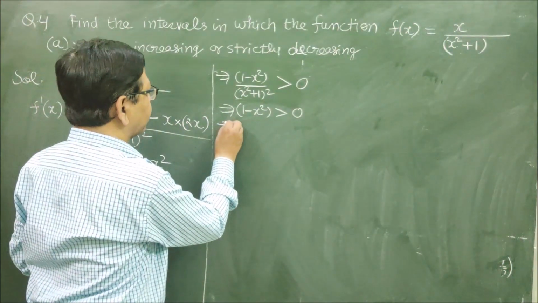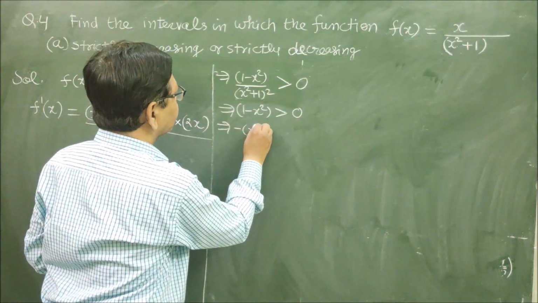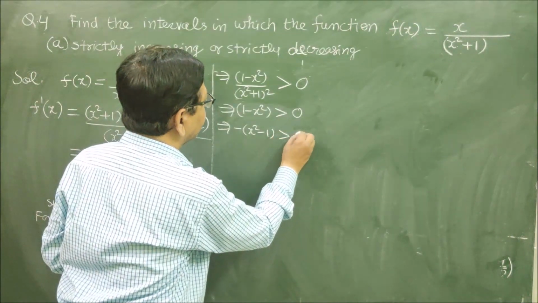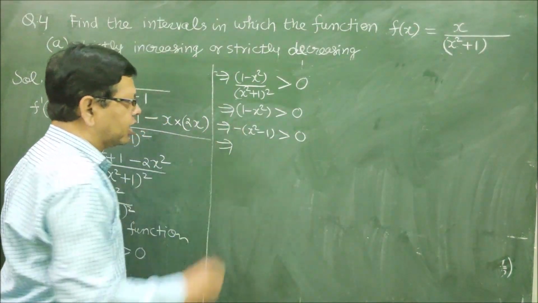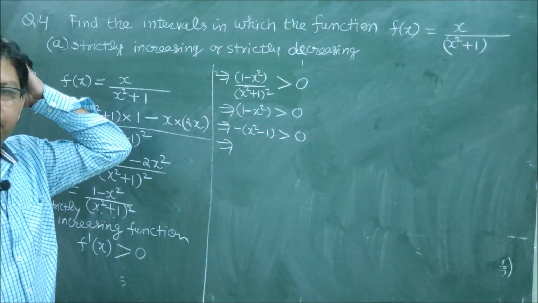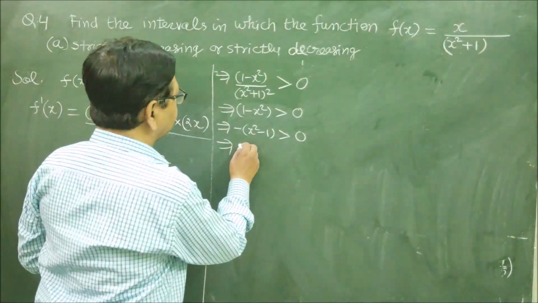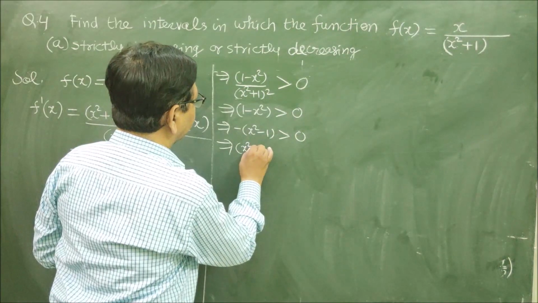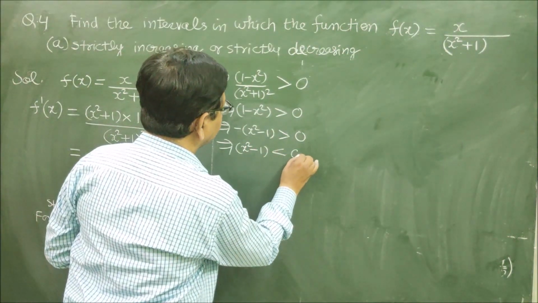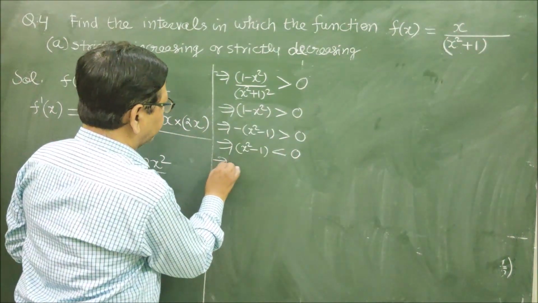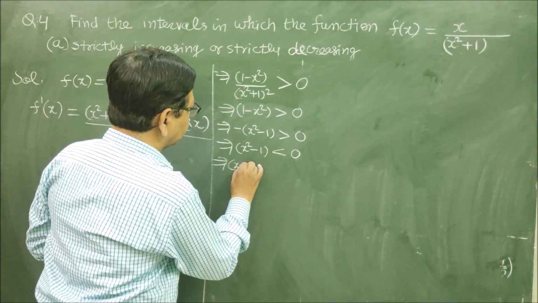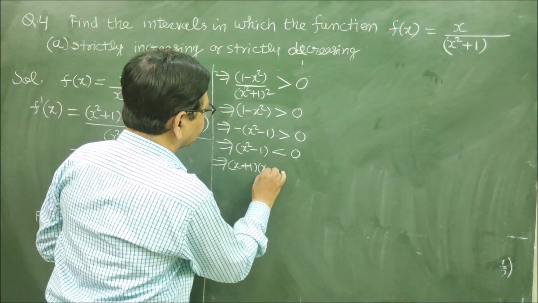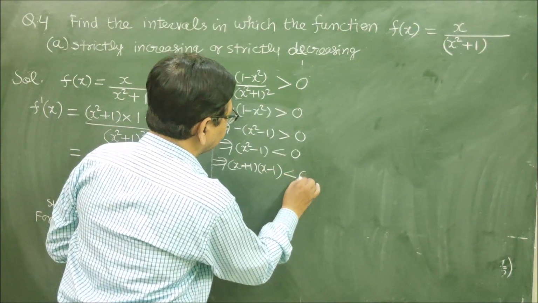Now taking negative sign common, minus of x square minus 1 should be greater than 0, and because of the negative sign, if I multiply by negative here, the inequality will be reversed and x square minus 1 should be less than 0. And if we factorize x square minus 1, that is x plus 1 into x minus 1 less than 0.